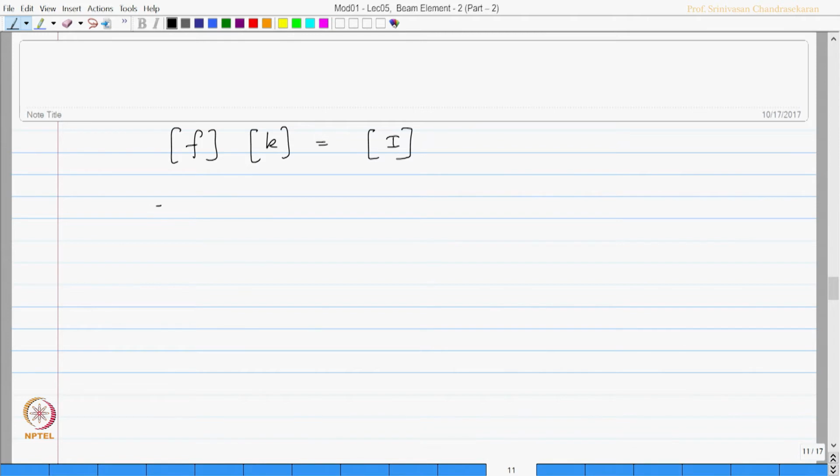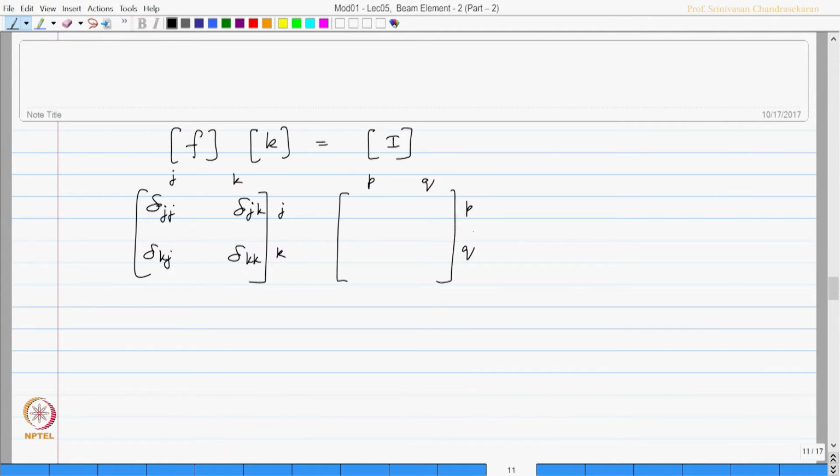If I say delta Jj, delta Jk, delta Kj and delta Kk are the flexibility coefficients for jth and kth nodes, and we multiply this with the stiffness coefficients KPP, KPQ, KQP and KQQ, I will get an identity matrix, which is 1 0 0 1.